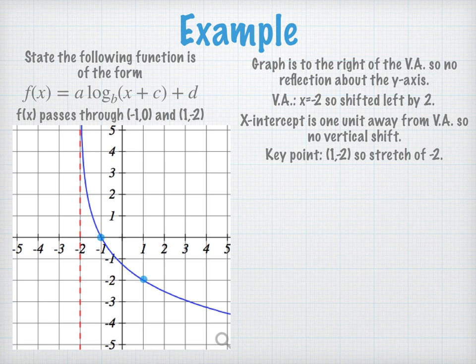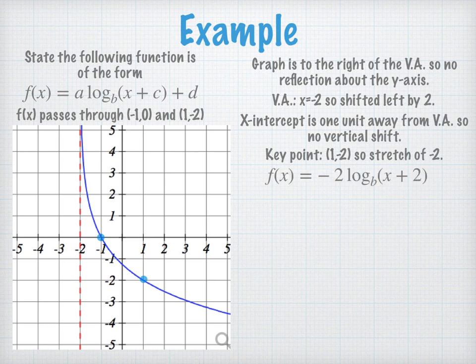We have a shift left of 2 units. Now remember, with our shifts left and right, left would be a +2, right would be a -2. So our value for c would be a +2. And we know that we've not shifted up or down, which means that d is 0.